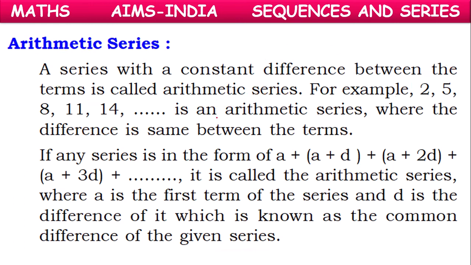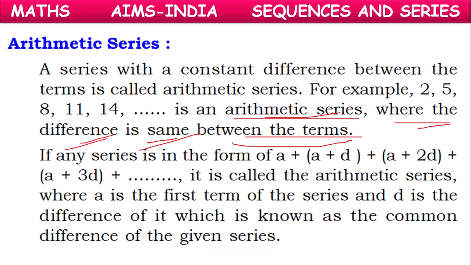So in arithmetic series, the difference will be the same between the terms. Suppose if the starting term, we name it as A, if A is the first term, and 2, 5, the difference is 3, 5, 8, difference 3, 8, 11, difference 3.